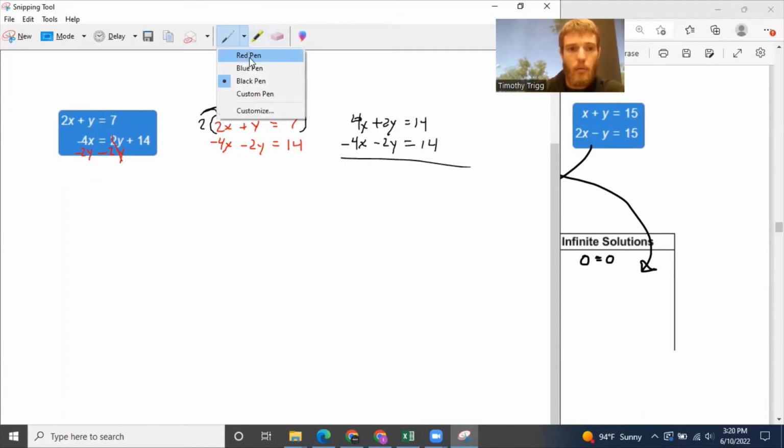Here, what happens? Well, x's cancel, y's cancel here. Do these 14s cancel? Well, no, actually, they add together. That's 28. If it was negative 14 and a positive 14, then they would cancel. But in this case, they're both positive, so they actually just add together. But this is not true, is it? 0 does not equal 28.